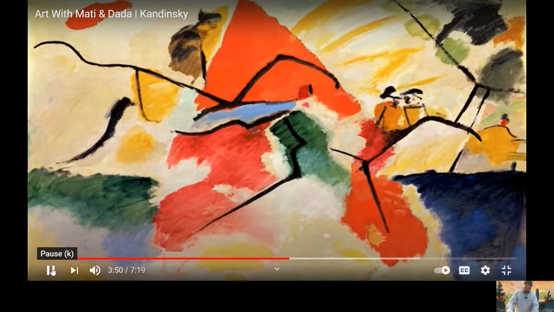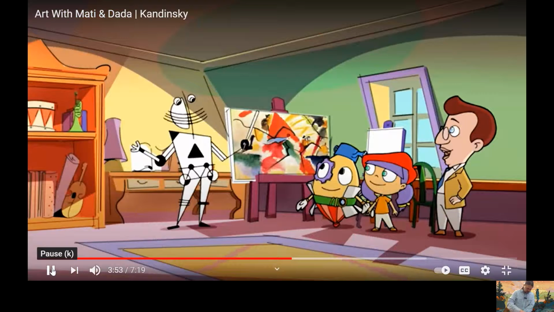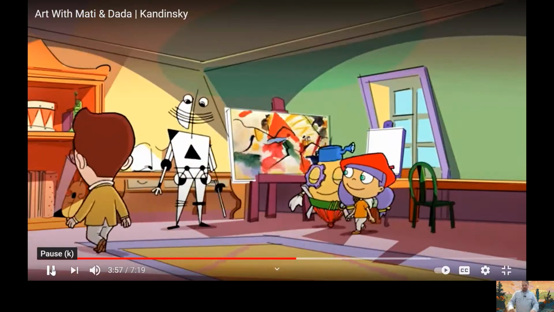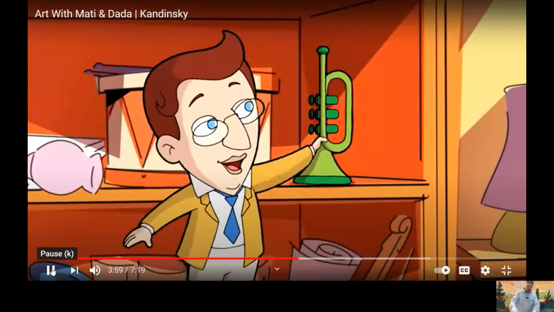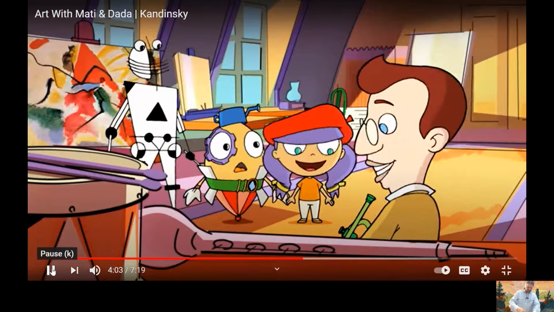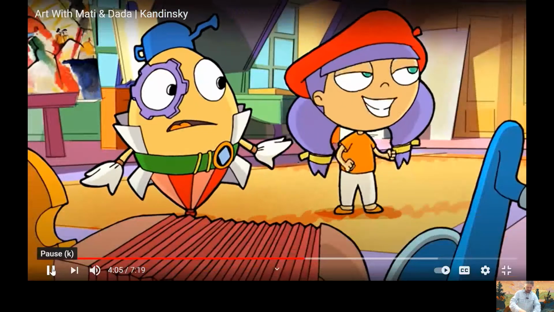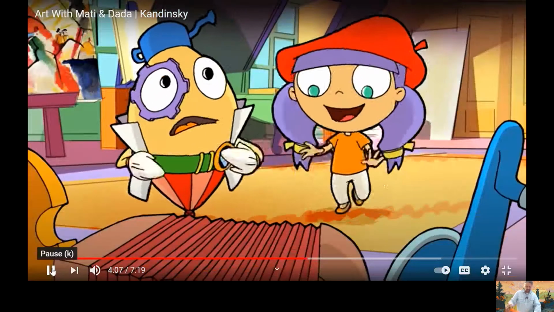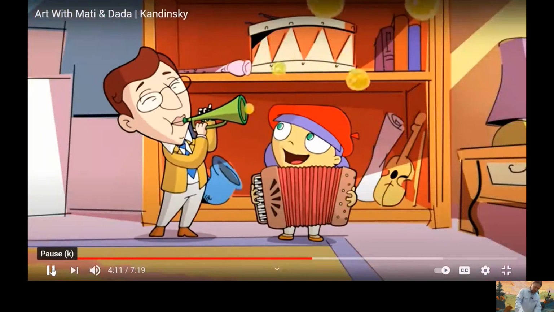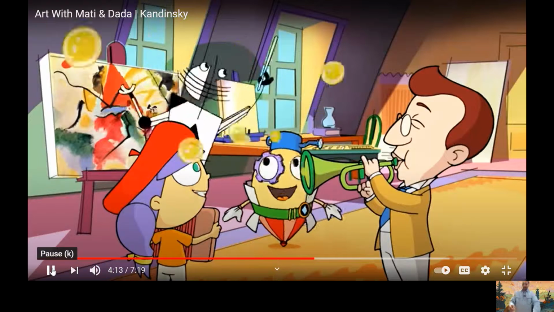Each musical instrument made me think of a different color. Musical man will help us, and I will demonstrate. Do you play music, Matty? Would you like to help? Yes, please. Look, Dada. The trumpet makes yellow sounds.